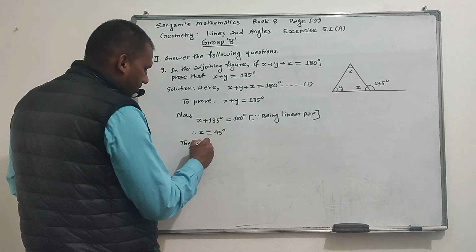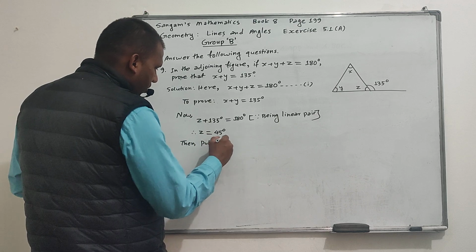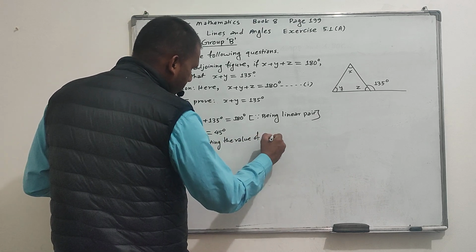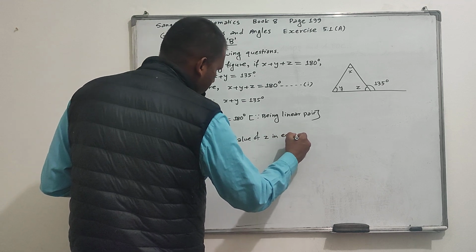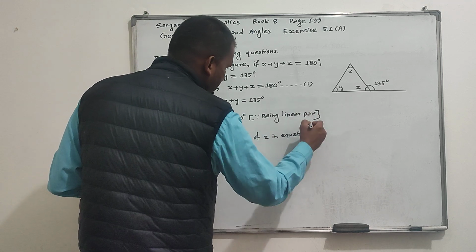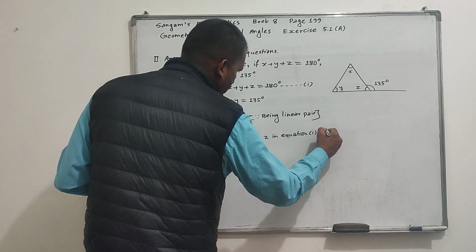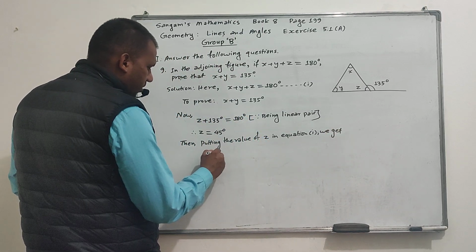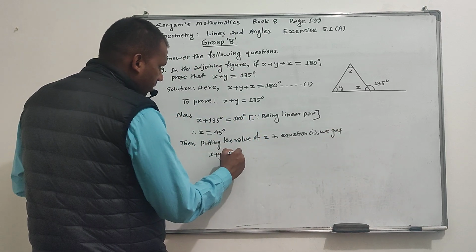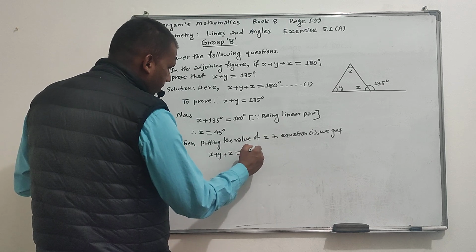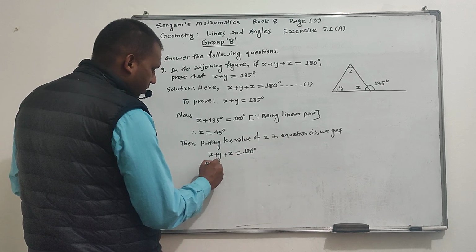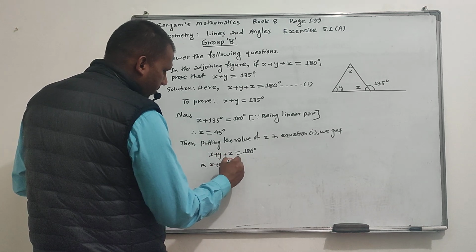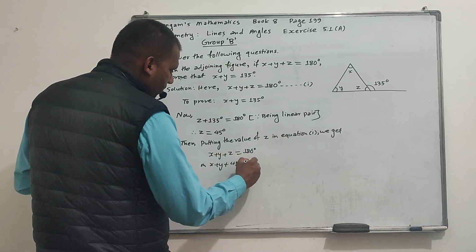Then putting the value of z in equation 1, we get x plus y plus z equal to 180 degrees, or x plus y plus the value of z, which is 45, so 45 degrees equal to 180 degrees.